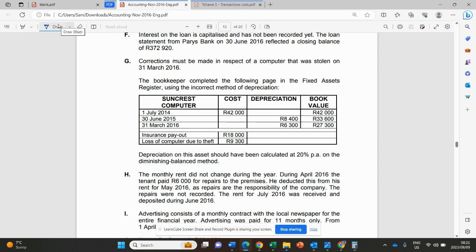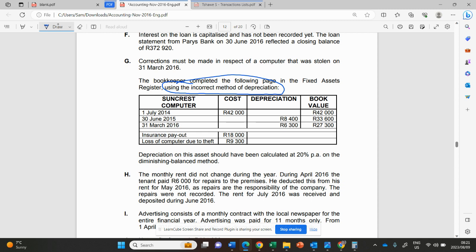The bookkeeper prepared the fixed asset register using the incorrect method of depreciating the asset. This is the asset register compiled by the bookkeeper for the computer that was stolen. They are saying the depreciation on this asset should be calculated at 20% per annum on the diminishing balance method.